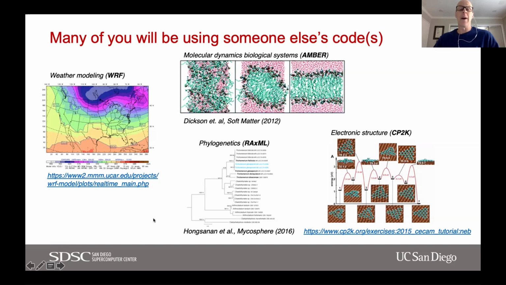If you're doing phylogenetics, this is the construction of phylogenetic trees showing the relationship between organisms, there's a whole host of software out there that we make available through an interface called the Cypress Science Gateway. If you're doing electronic structure calculations, you might use CP2K, VASP, and other software. So overall, most of you are probably going to be using somebody else's code.